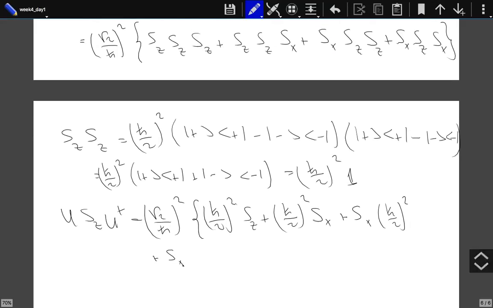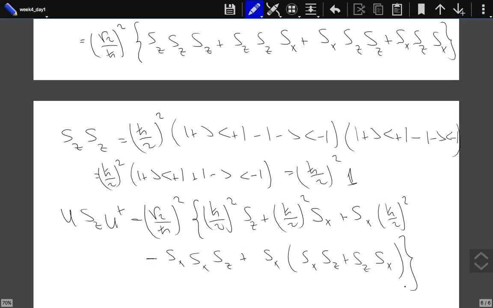That is plus Sx times a minus Sx Sx Sz plus Sx Sx Sz plus Sz Sx. So you see what I did over here. This is minus, that just cancels this term over here. I'm left with this one. This is the term I have in the last equation over there.